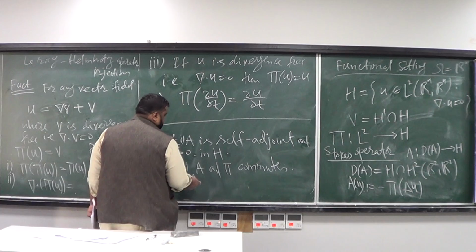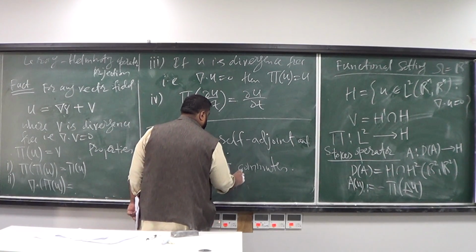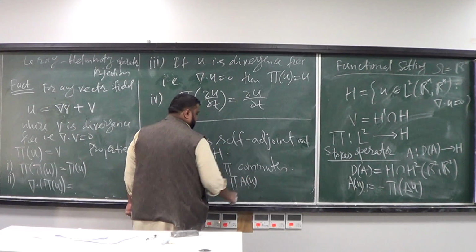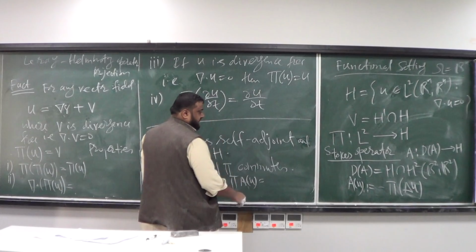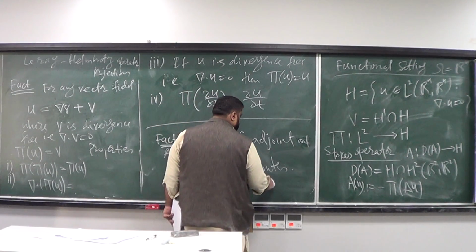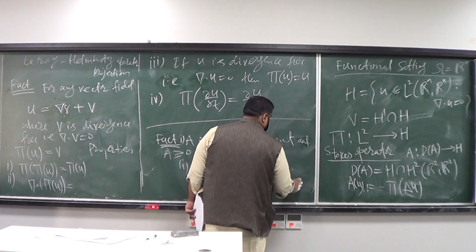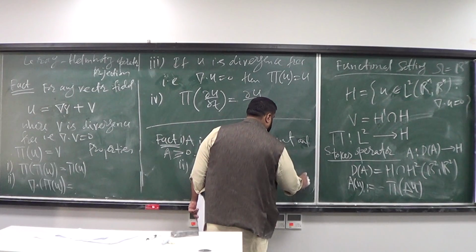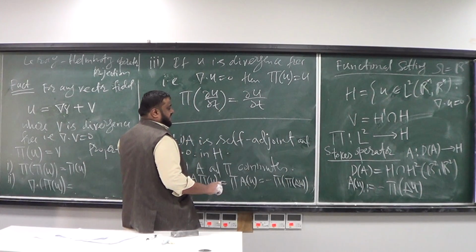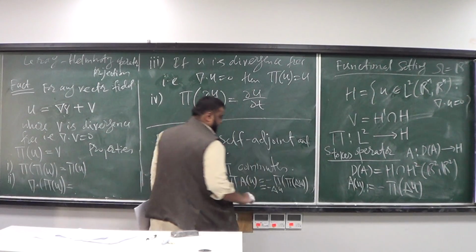So by commuting you mean that A of pi of u is the same as pi of Au, but if I substitute the definition of Au into it, it's going to be minus pi of Laplace u. But pi is a projection operator, so I can write this as minus Laplace u.